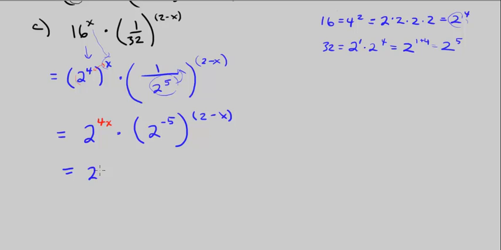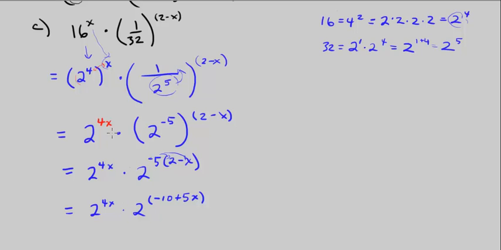So we still have 2 to the 4x, and this is going to be times 2 to the power of negative 5 times 2 minus x. Let's distribute the 5 into both terms, so it's negative 10 plus 5x in the exponent.